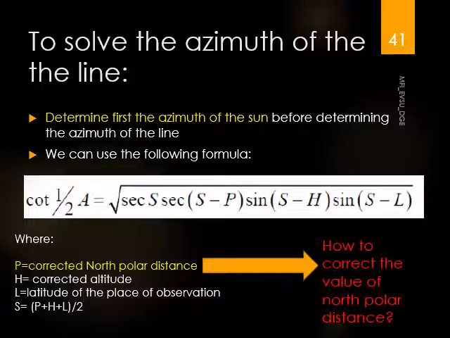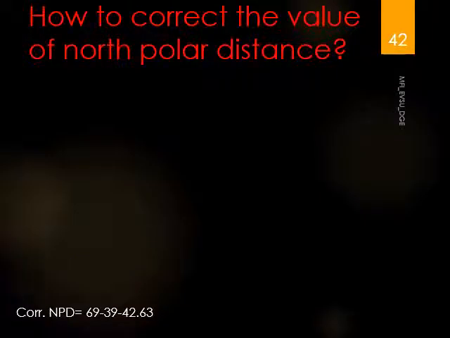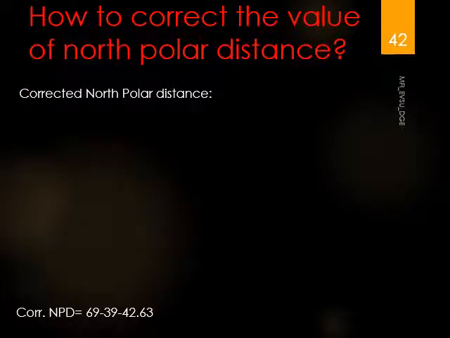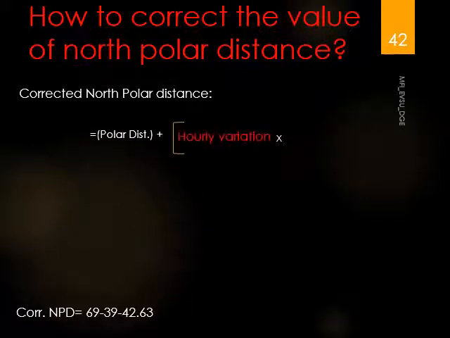So, paano natin makorek yung ating value ni north polar distance? Again, yung formula niya is just the corrected north polar distance, the north polar distance plus the correction. How can we get the correction? The corrected north polar distance is just the polar distance plus your correction.